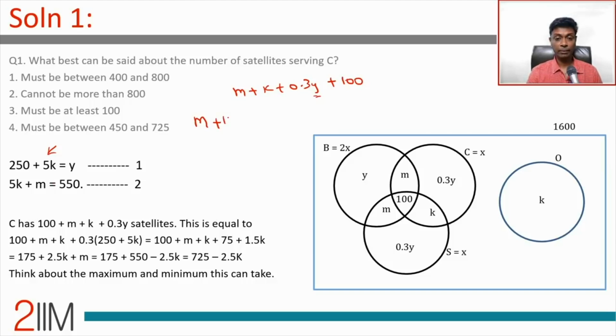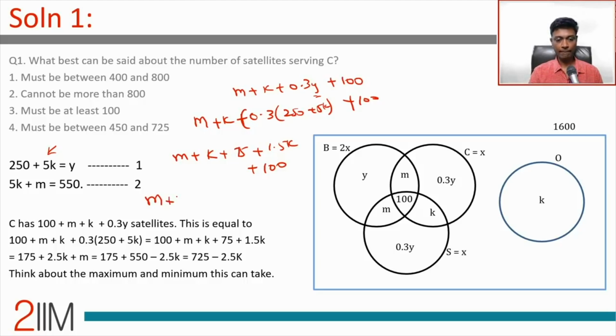So m plus k plus 0.3 into 250 plus 5k plus 100, which is m plus k plus 75 plus 1.5k plus 100. This is 175 and 2.5k. M plus 2.5k plus 175.